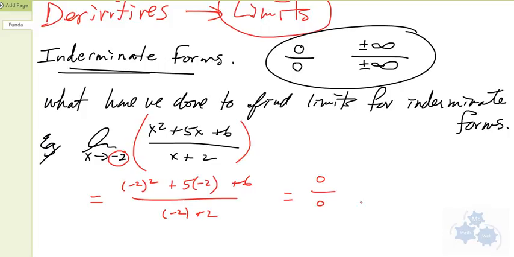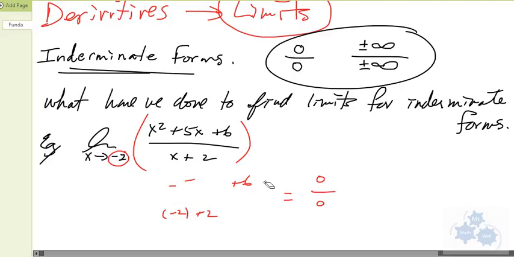Now, what did we do in the past to try and get around this? Even though we get 0 over 0, meaning this rational function does not have a value at x equals negative 2, we could still find a limit. There might be a limit that still exists, and of course there is in this one. You guys know enough about this already. But what did we do?